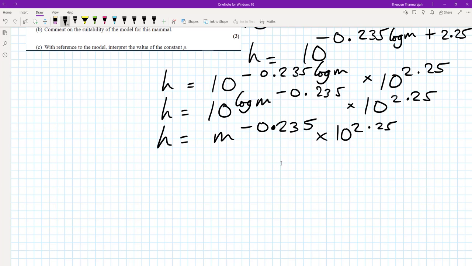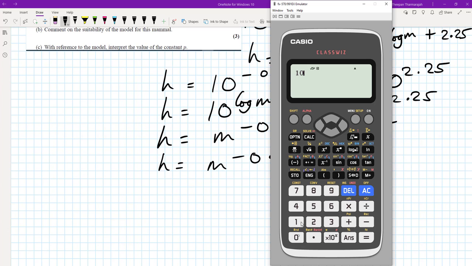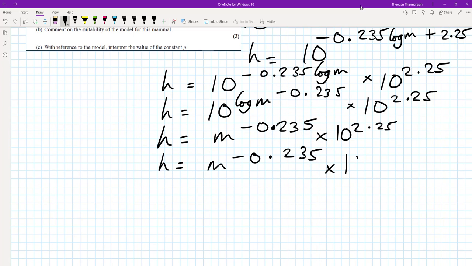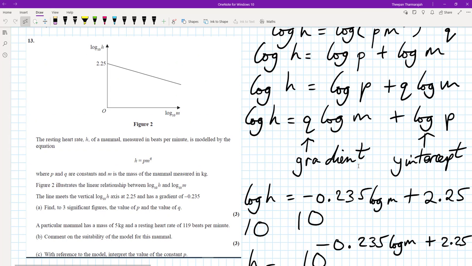So let's use our calculator to work out what 10 to the power of 2.25 is. Calculator, do 10 to the power of 2.25. That gives me 178 to three significant figures. So it's 178. So if we go back to our equation, it was h equals p m to the power of q.